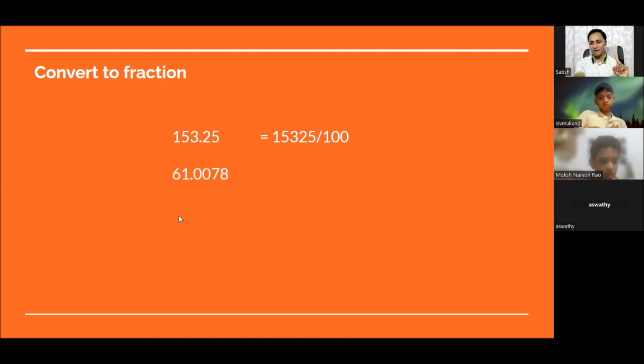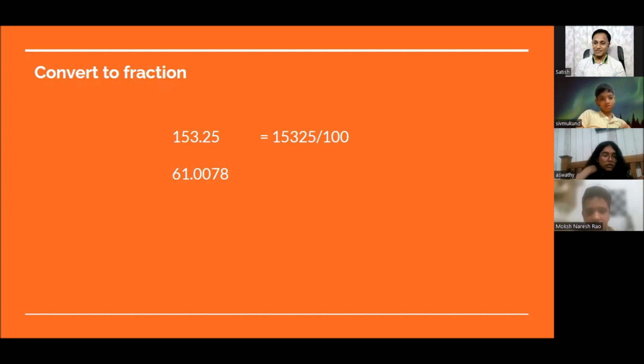Now, how do we write this as a fraction? Tell me. We will avoid the 0? You can't remove the 0 like that. See, 105, you can't remove the 0 and tell 15. If you have to give 105 rupees to somebody and you say I am giving you 15 rupees, will they agree? So a 0 in between has value.